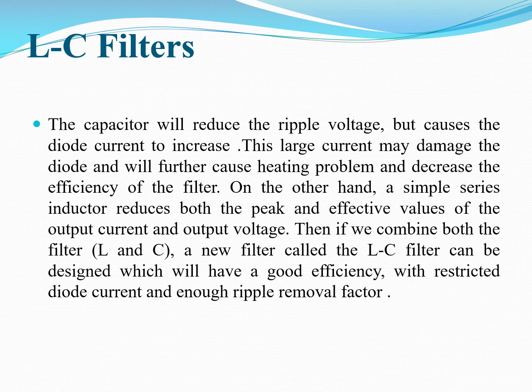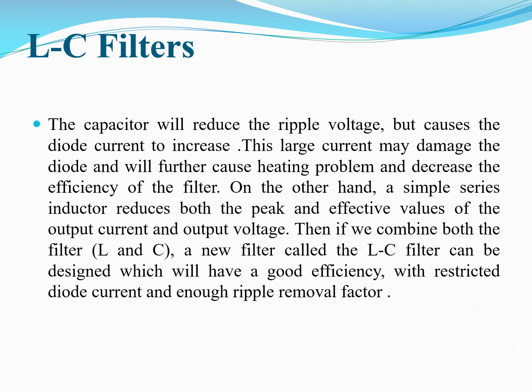Next is the LC filter. The combination of both filters, L and C, is called the LC filter. The capacitor will reduce the ripple voltage but cause the diode current to increase. This large current may damage the diode, cause heating problems, and decrease the efficiency of the filter.